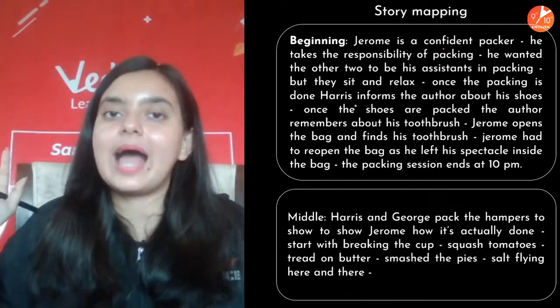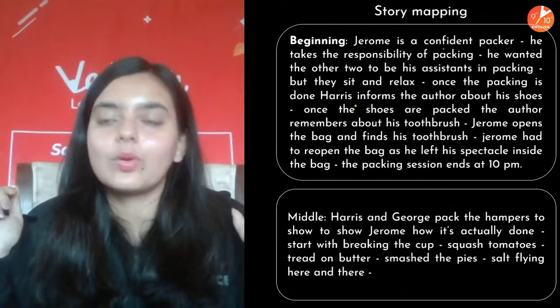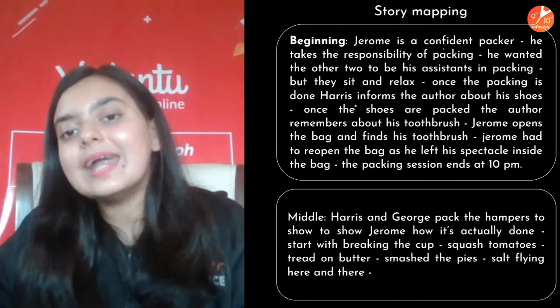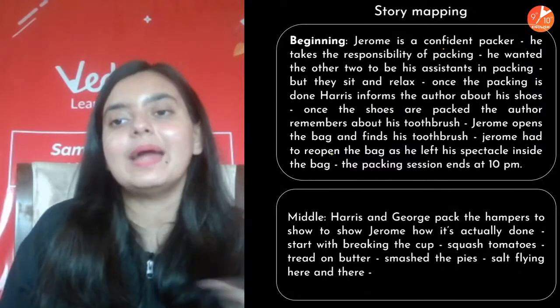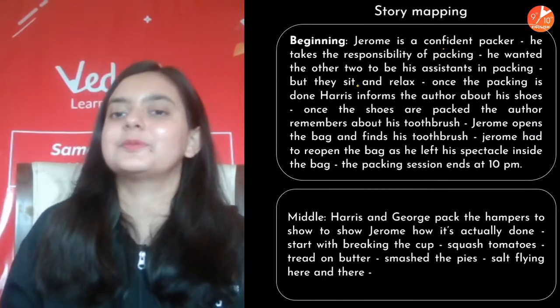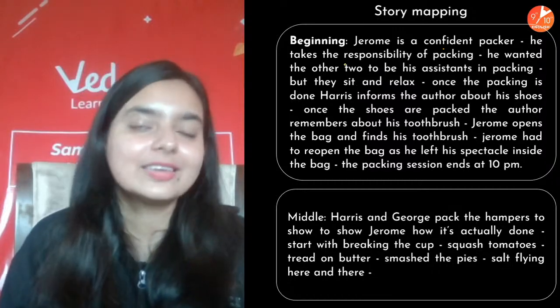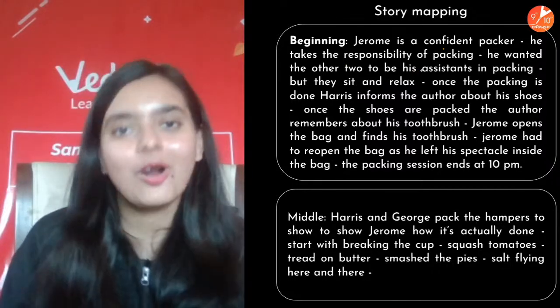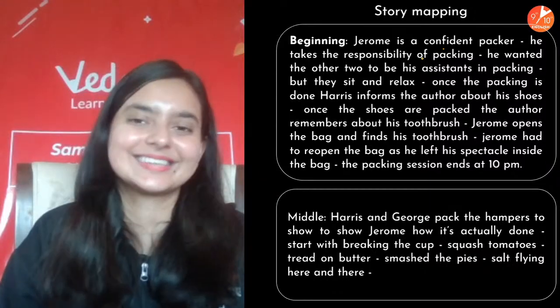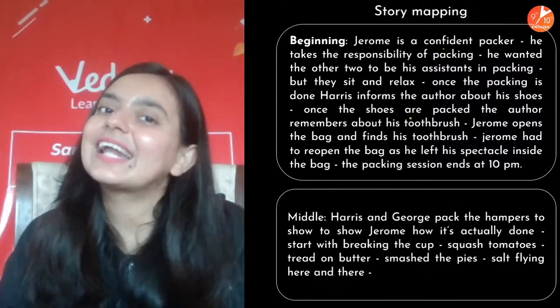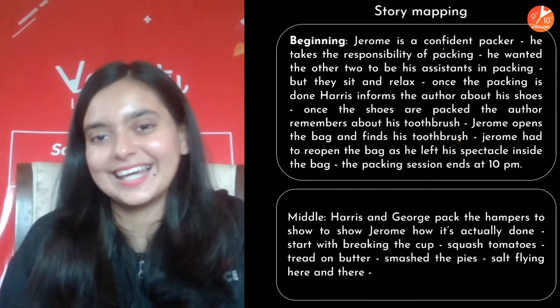He said, I said I'd pack. That is how the story begins. But the friends went ahead and sat in a relaxed position. The author's real intention was not that. The author wanted to supervise and boss over the task. And that is exactly how it happens with friends, right?